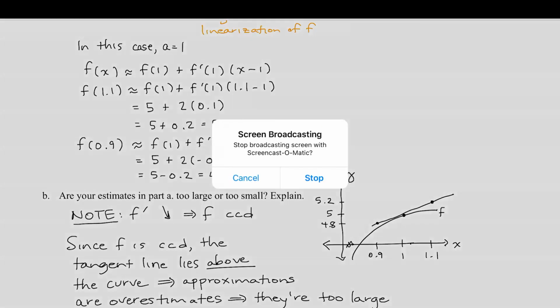Our approximations are on the tangent line, and those are above the actual function values. So they are too large.